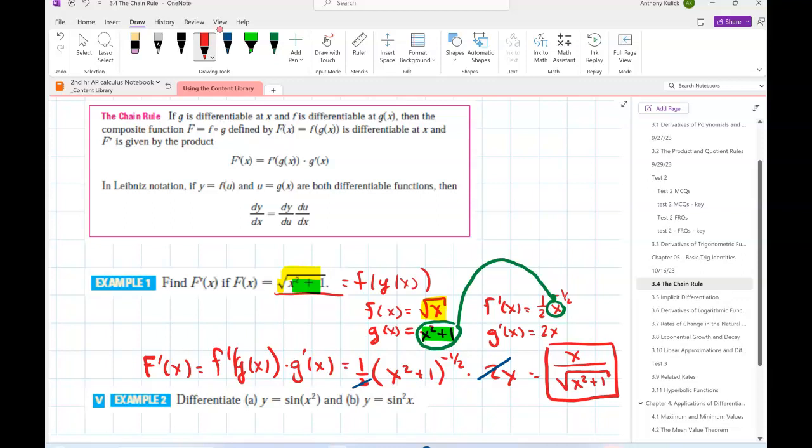In general, whether it's on the AP exam or in a textbook, the form that your starting problem is in will probably be the same form that your answer should be left in. So if you had fractional exponents at the start, your final answer probably should have fractional exponents in it. If you had a radical when you started, your final answer is probably expected to have a radical in it. Everybody's okay with that idea? Okay.